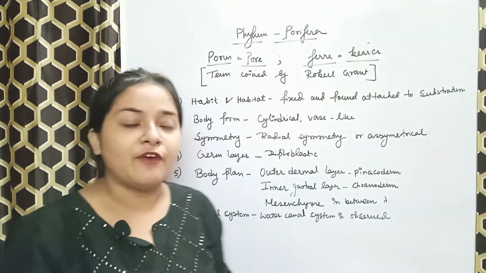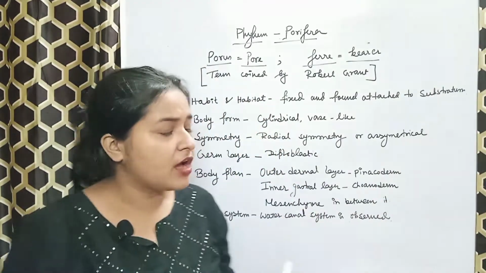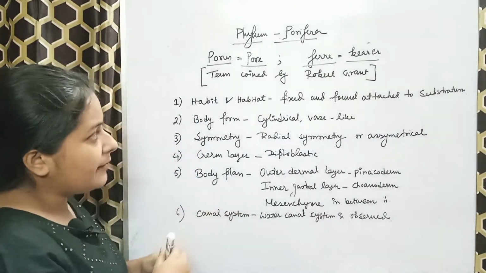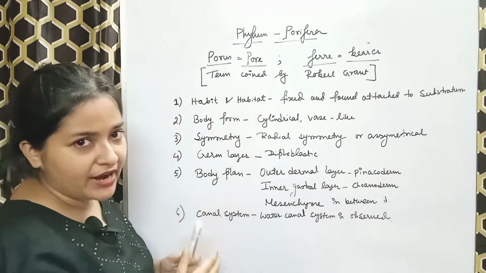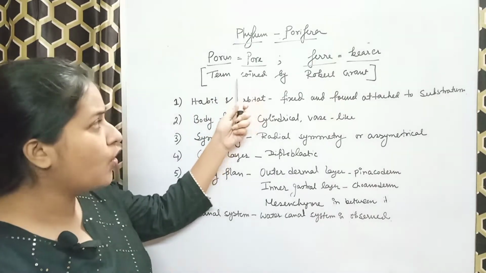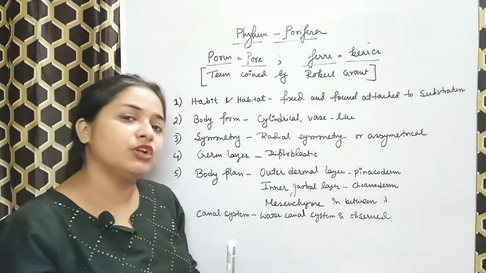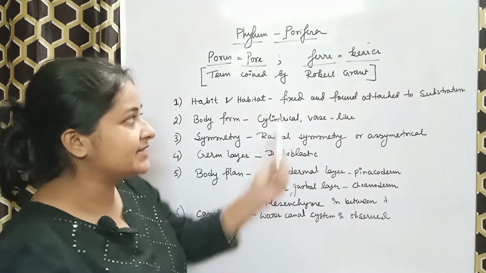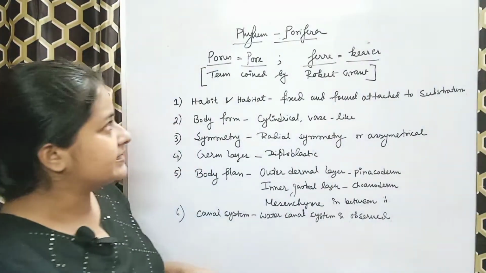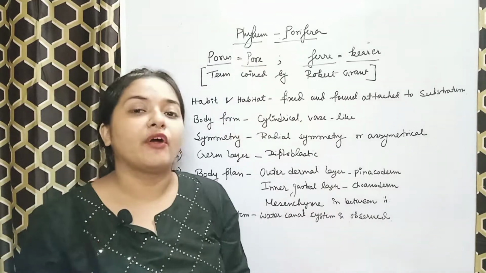So this is one of the salient features of phylum Porifera. We learnt porous and pore and fera, that means bearer. And this terminology was coined by scientist Robert Grant, and he named the phylum as Porifera.